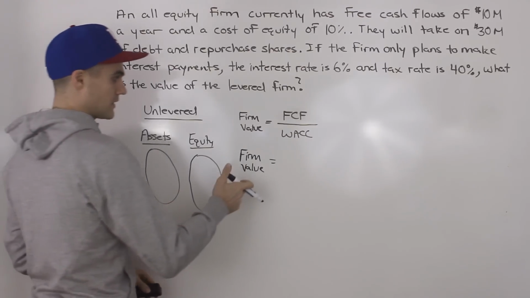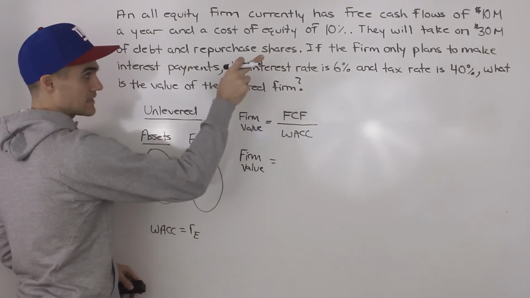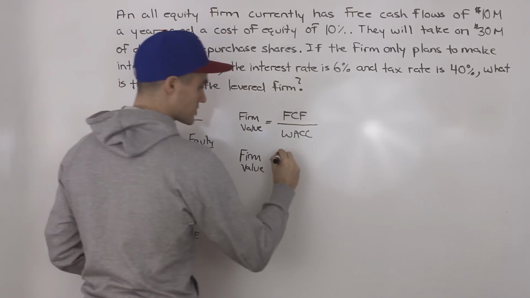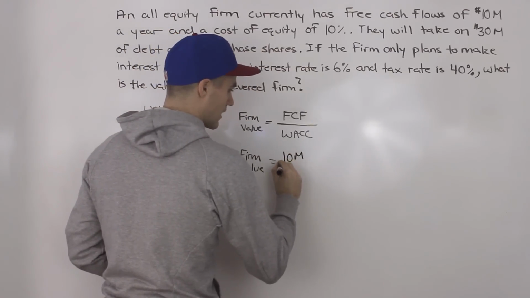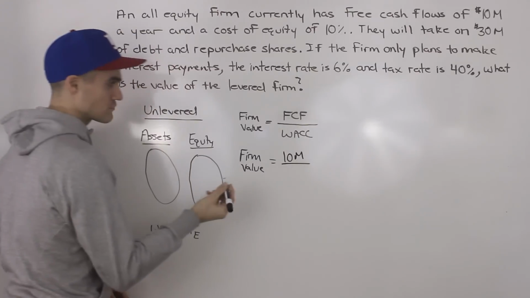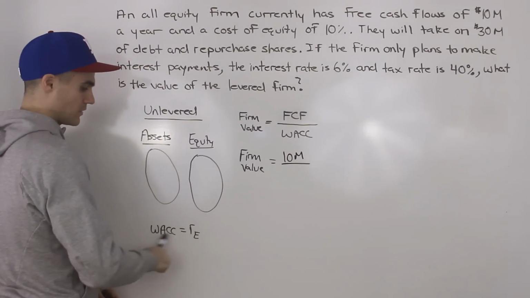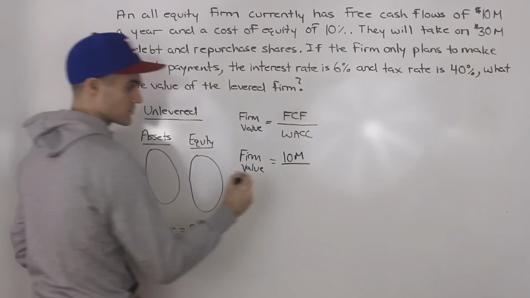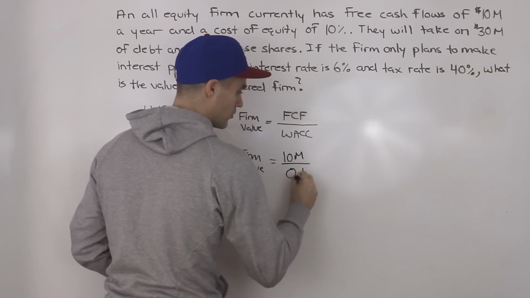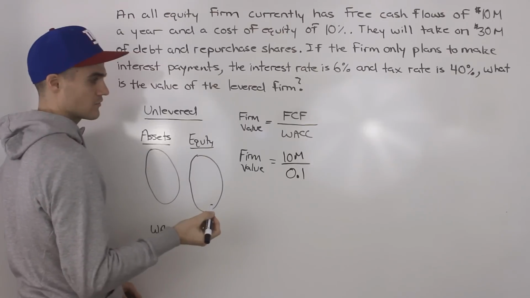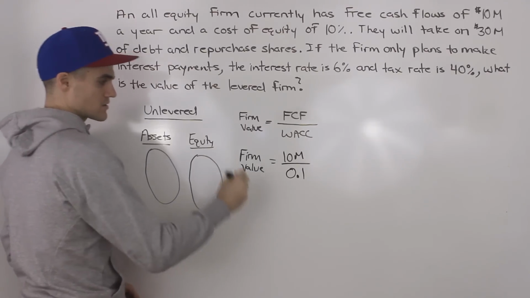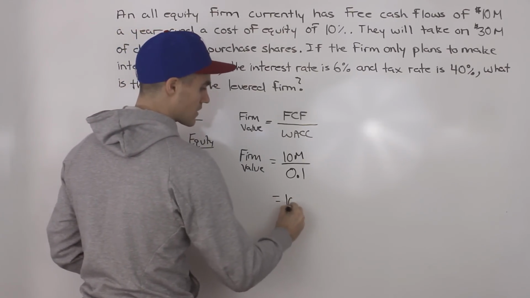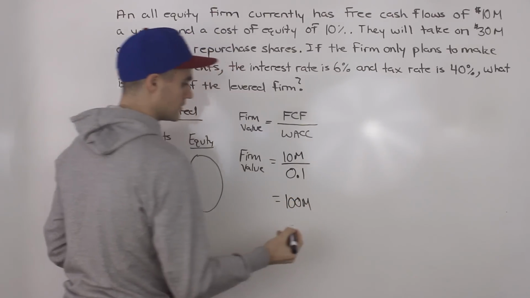So we can calculate this firm value by taking the free cash flows of $10 million and dividing it by its weighted average cost of capital. But since it's all equity, its weighted average cost of capital is basically the cost of equity, which is 10%. So this would be 0.1 there. That 10% you have to put in decimals. So when you do that calculation, you end up getting 100 million.